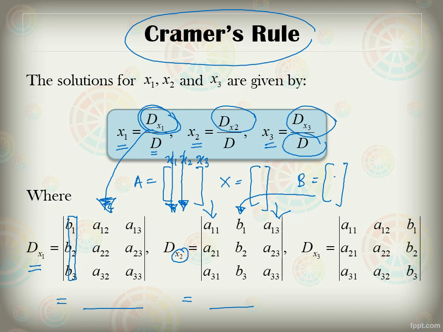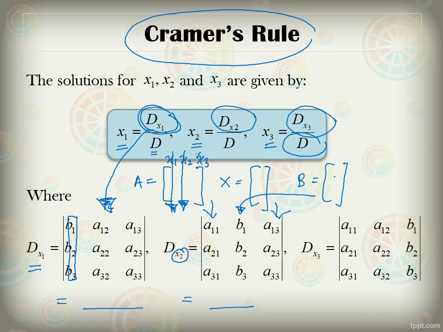The same goes for the determinant for column x3, your third unknown. Your first unknown x1 will remain, your second unknown will also remain. The one that is changing is the column for the third unknown.